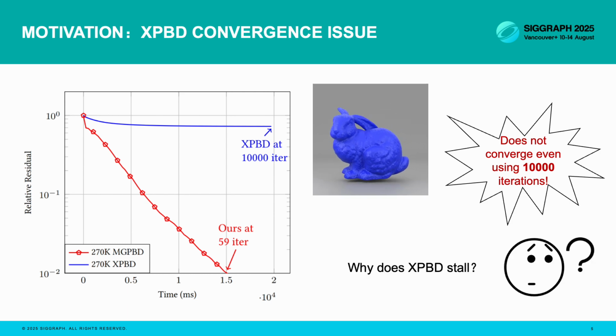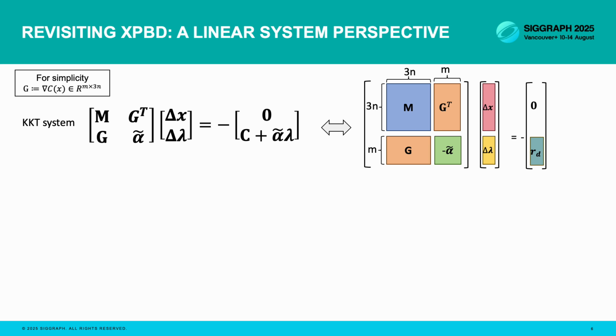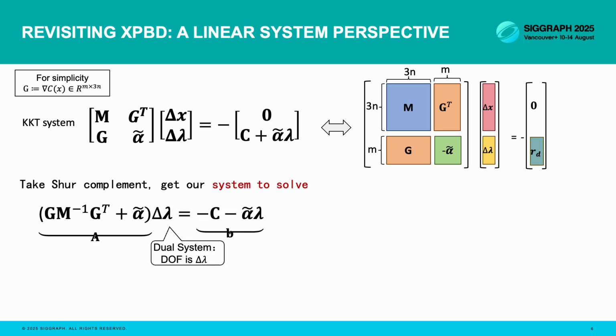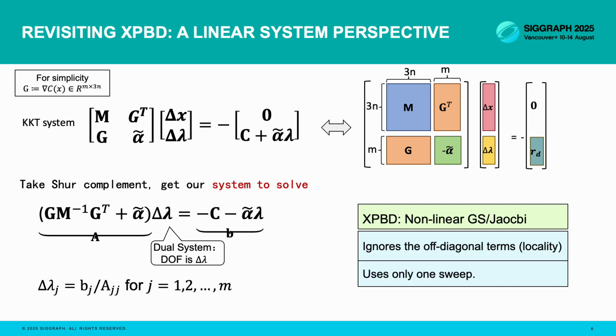Why does XPBD stall? To understand why, let's examine XPBD's linear system. From Lagrange mechanics, we derive a KKT system from Newton's equation of motion. Taking the Schur complement of this KKT system gives us the system to solve: A delta lambda equals b. XPBD uses a simple approach to solve it, nonlinear Gauss-Seidel or Jacobi, which effectively uses the diagonal of A divided by b.